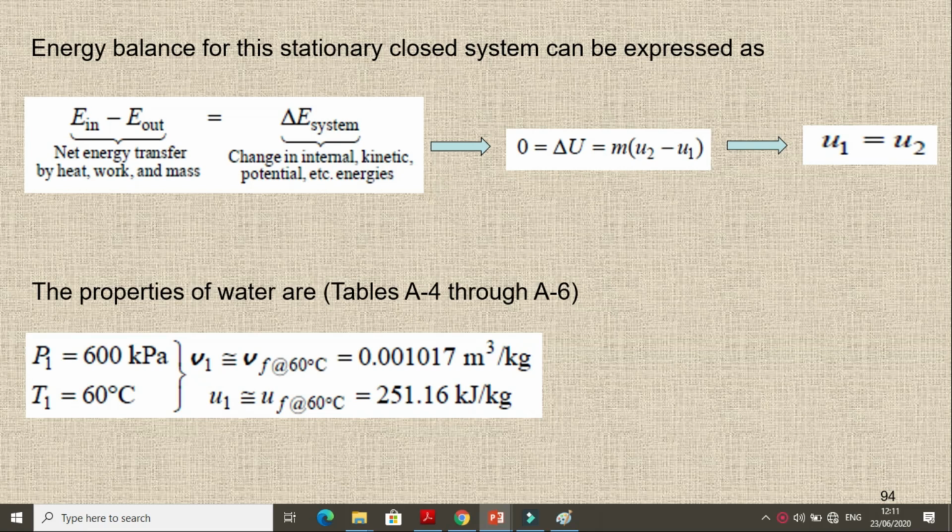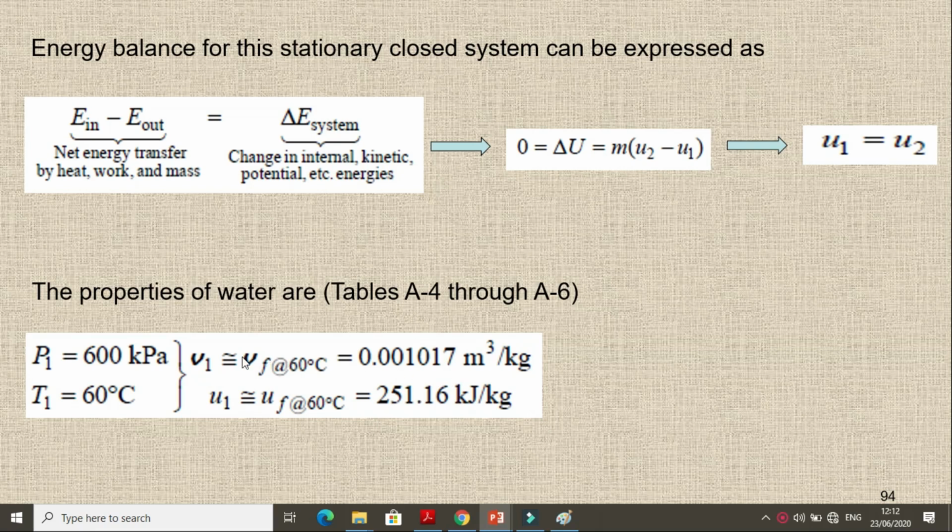So the properties at state number 1: we have 600 kilopascal and 60 degrees Celsius, but we know it is compressed liquid. For compressed liquid, we normally check the properties with respect to temperature. So v1 is simply vf at 60 degrees Celsius and U1 is uf at 60 degrees Celsius. So we have the values from the table.